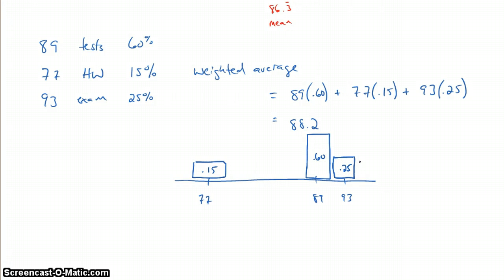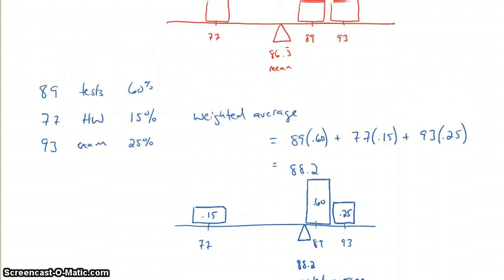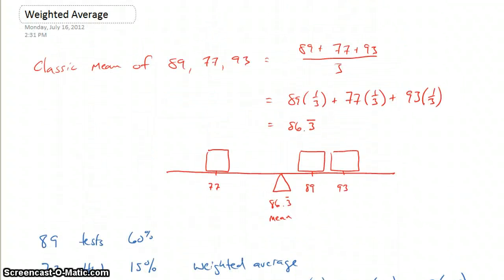Okay, now if I balance these blocks on a seesaw, the mean pushes up a little higher to 88.2. It's not the mean, sorry, the weighted average. Now we still call it the mean, but in this case, I think it's more clear if I call it the weighted average.